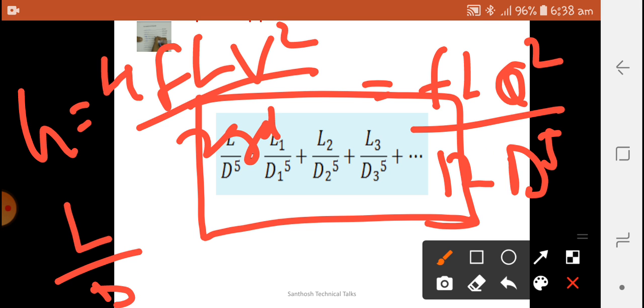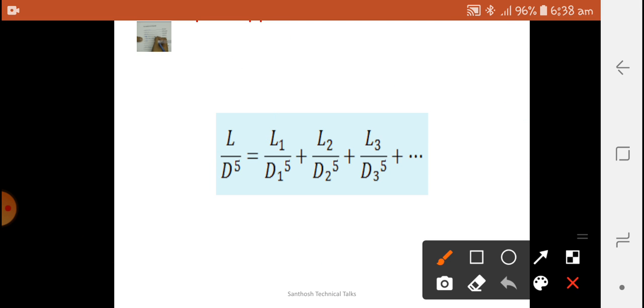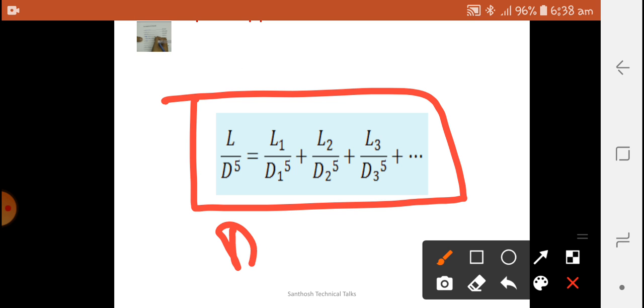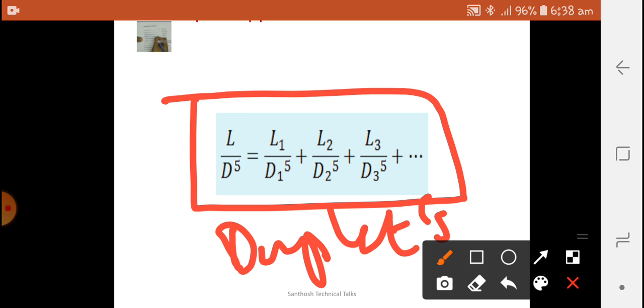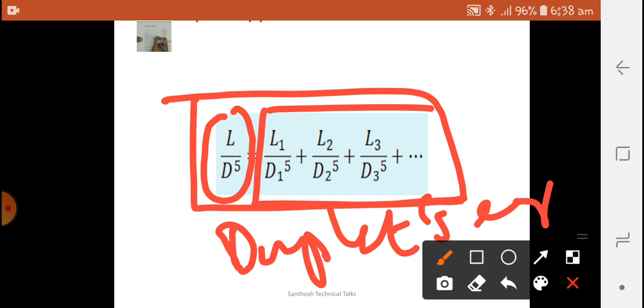Here the L by d power 5 ratio makes an equation, called Dupuit's equation. As per the Dupuit equation, the equivalent length and diameter ratio is the sum of the length and diameter ratios in each pipe. So L by d power 5 is equal to L1 by d1 power 5 plus L2 by d2 power 5 plus L3 by d3 power 5, and so on.